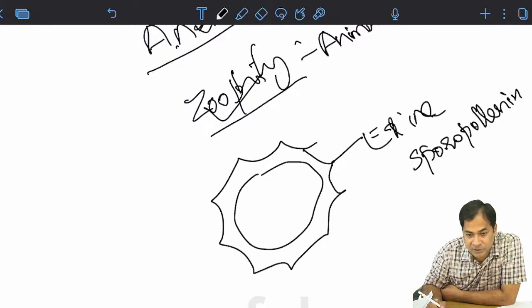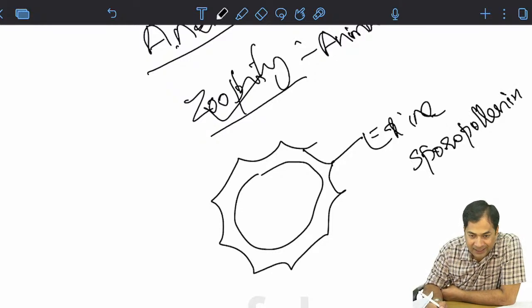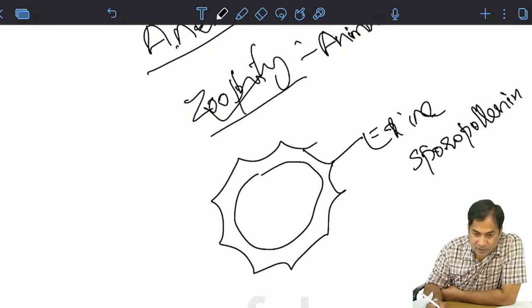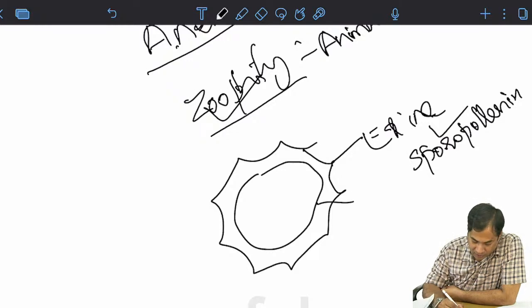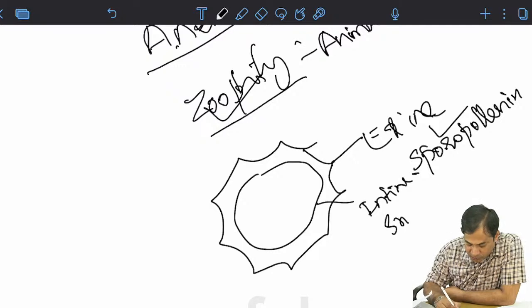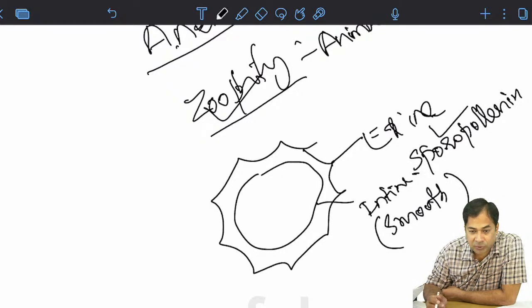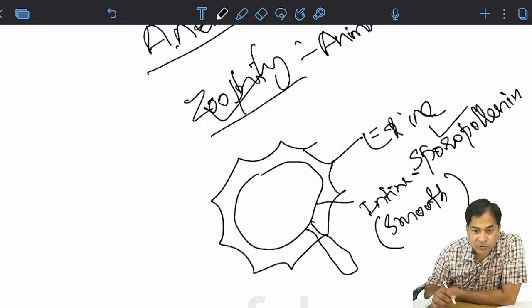Sporopollenin cannot be degraded by acids or bases, or alkali. Even with enzymes it cannot be degraded. But in this option they are talking about the inner layer, that is intine. Intine is a smooth layer and it is temporary; it cannot be kept for a longer period, because it produces the pollen tube, so it is soft. But sporopollenin is tough material, it cannot be penetrated.